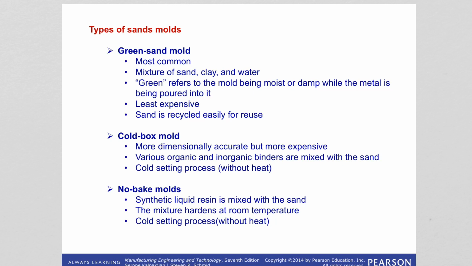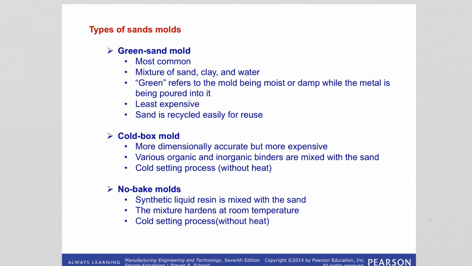In the cold box mold process, organic and inorganic binders are blended into the sand to bond the grains of the sand chemically for a greater strength. These molds are more dimensionally accurate compared to green sand molds.